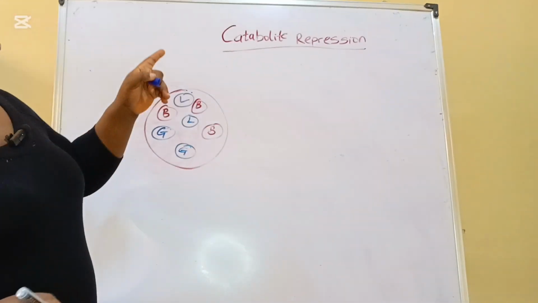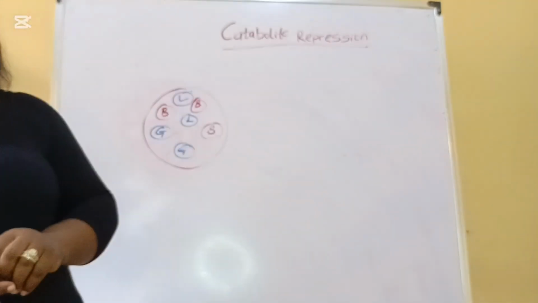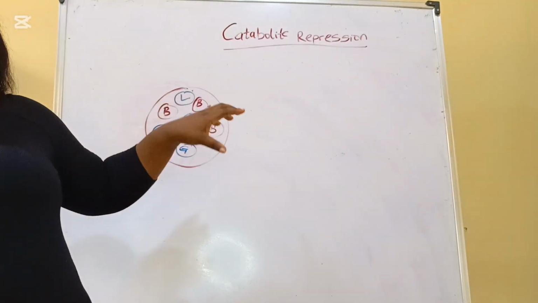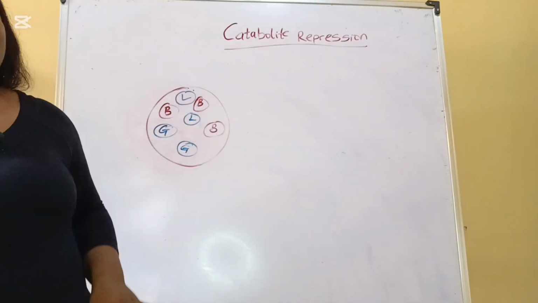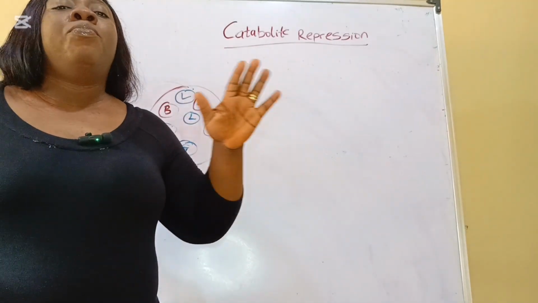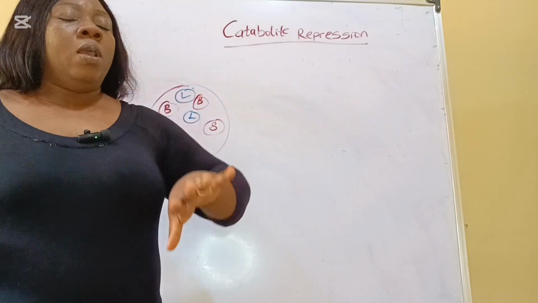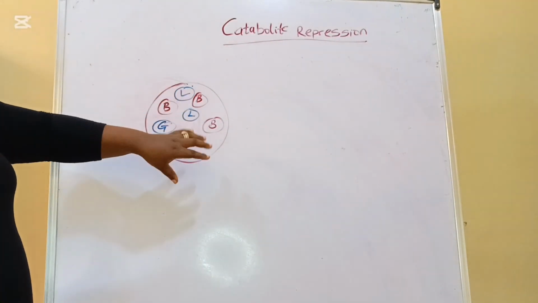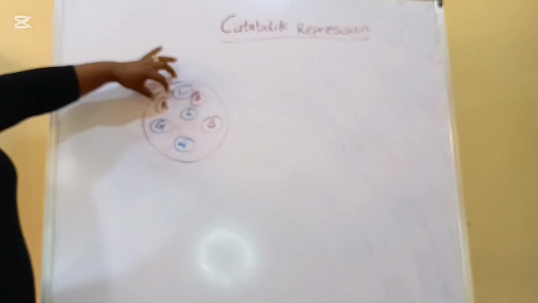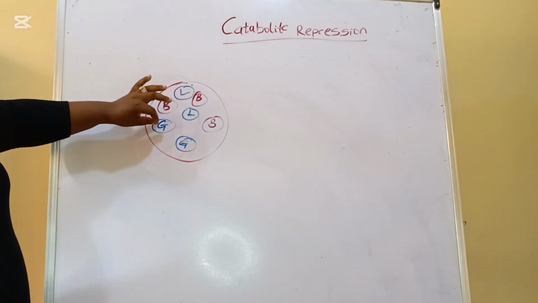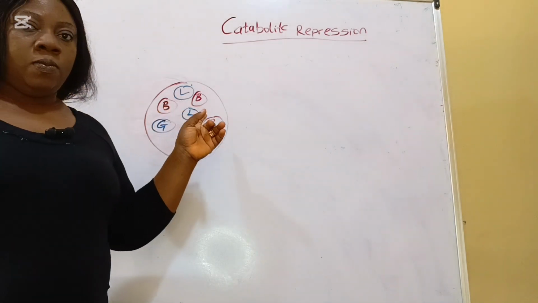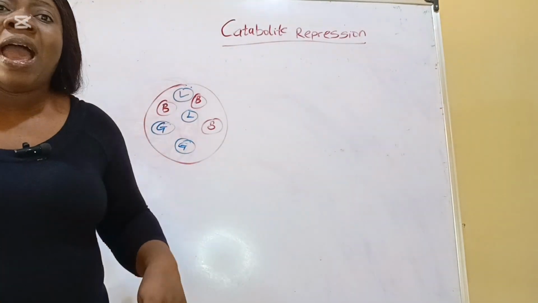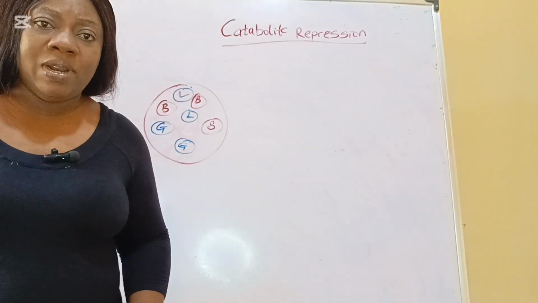Now, let's go back to our definition. We said this repression type will help us to inhibit the expression of genes that are involved in breaking and metabolizing alternative carbon sources. Meaning that here, the bacteria will favor the uptake of glucose over lactose, because glucose can readily be absorbed by them and used to further their metabolism.